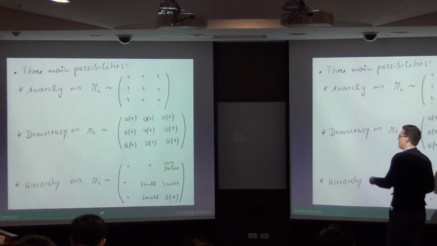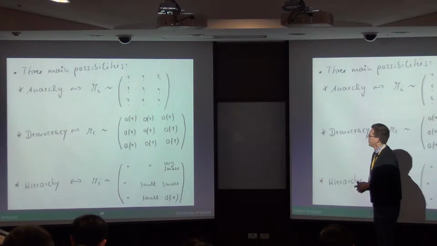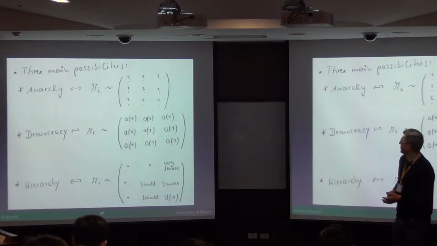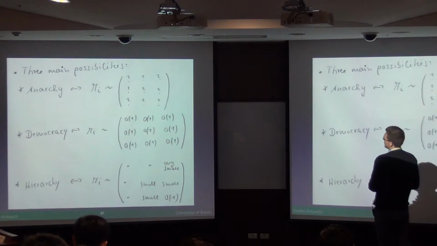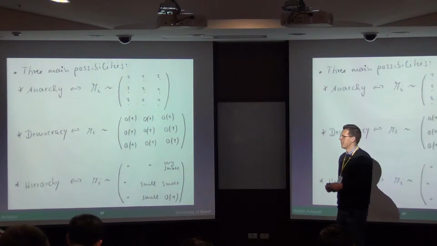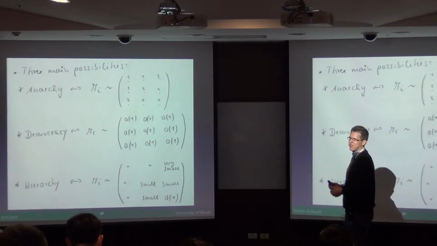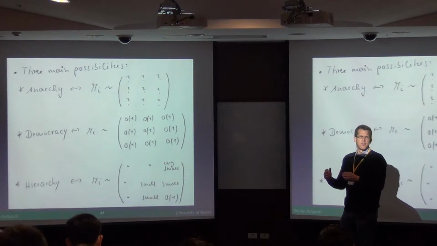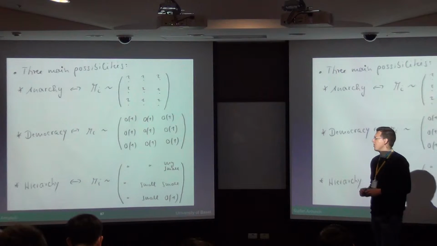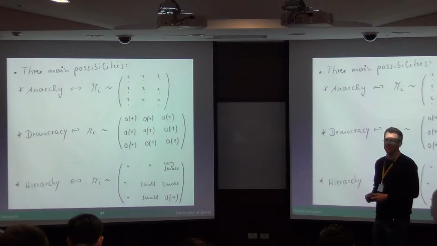Already a long time ago, this was classified as basically three possibilities that one can think of. The first one is called anarchy in the mass matrices. This means there may be some kind of random process that just determines the values of the mass matrix by accident. If you have a good random number generator, maybe you can find the right answer.